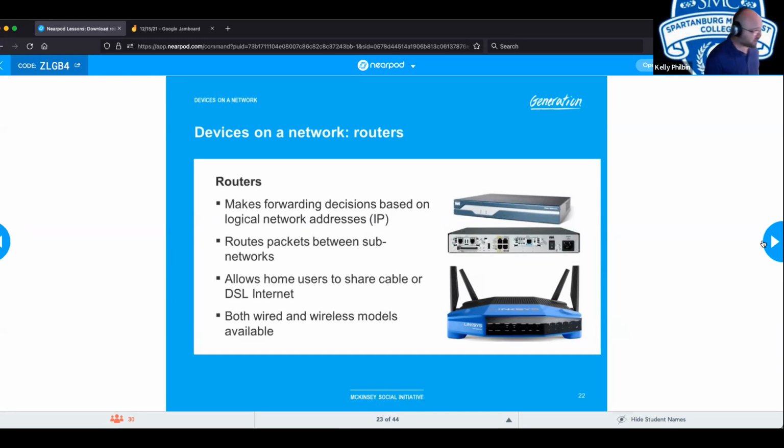That router will make a forwarding decision, say, yep, this isn't meant to stay internal to the network, I need to forward this on. It communicates with other routers and forwards those decisions based on internal routing maps that it has. That's beyond the scope of this course, but essentially based off the IP address, it's making decisions on whether it stays internally in the network or goes out.